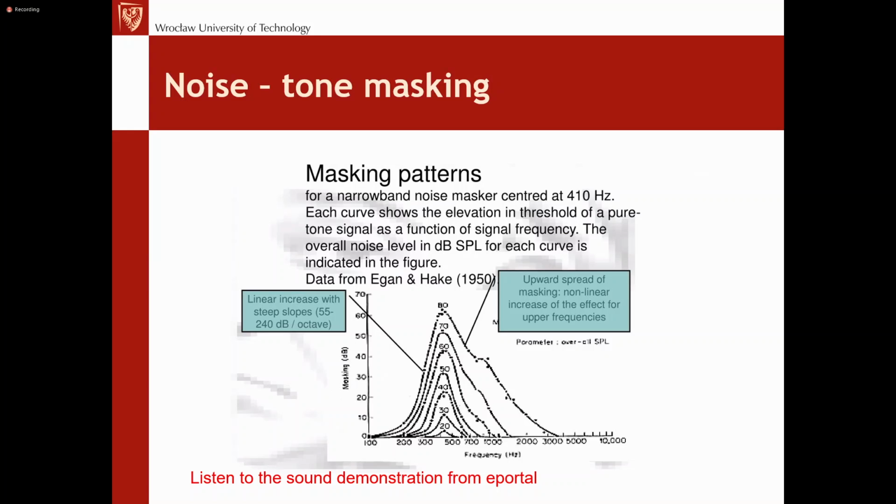For example, as I said, traffic or some loud crowd, etc. So when we have noise as a masker, we can find that the masking curve is more symmetrical in comparison to tone masking.